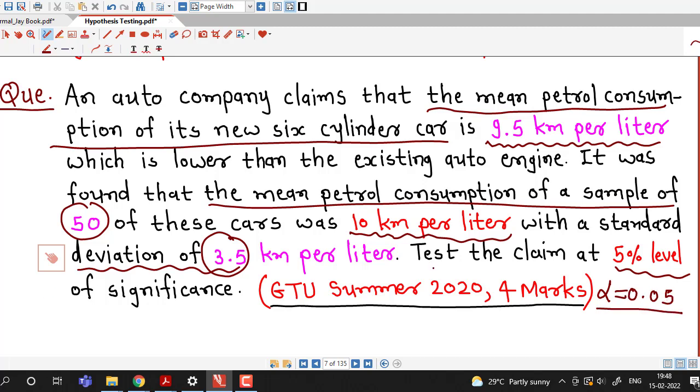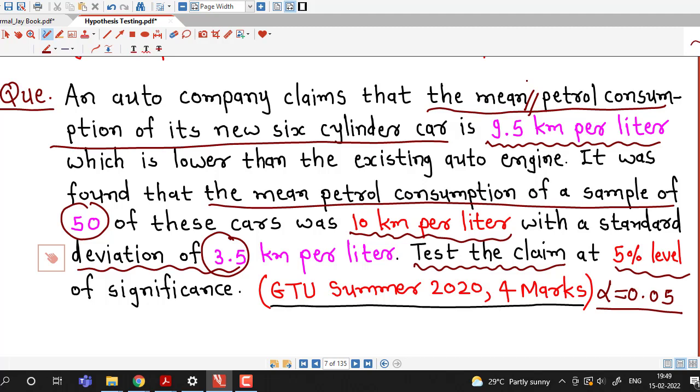So as we know that this is the problem of hypothesis testing, we have to test the claim of the company at 0.05 level of significance. Now the claim of the company is the mean petrol consumption is 9.5 km per liter. That is, this is the population parameter.